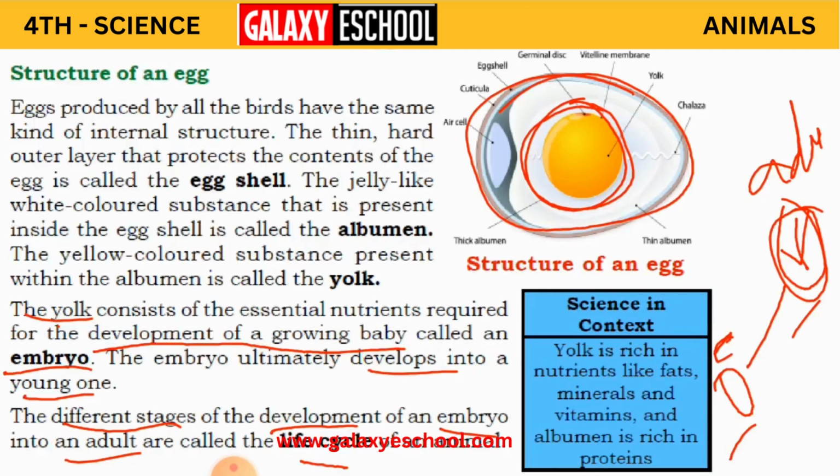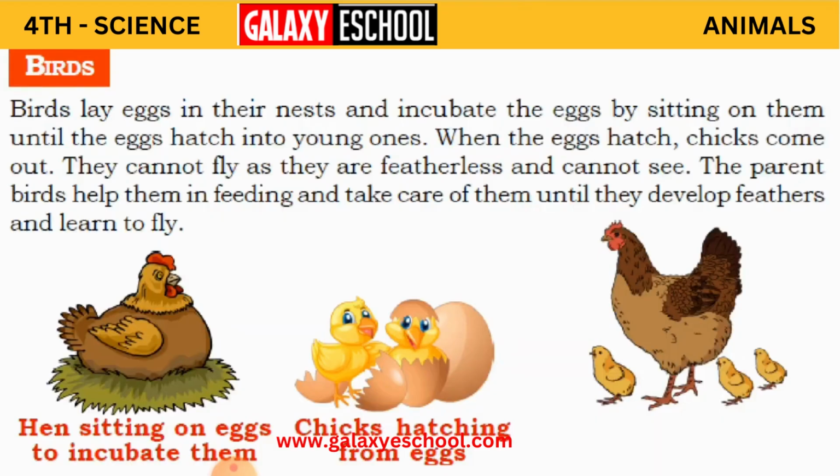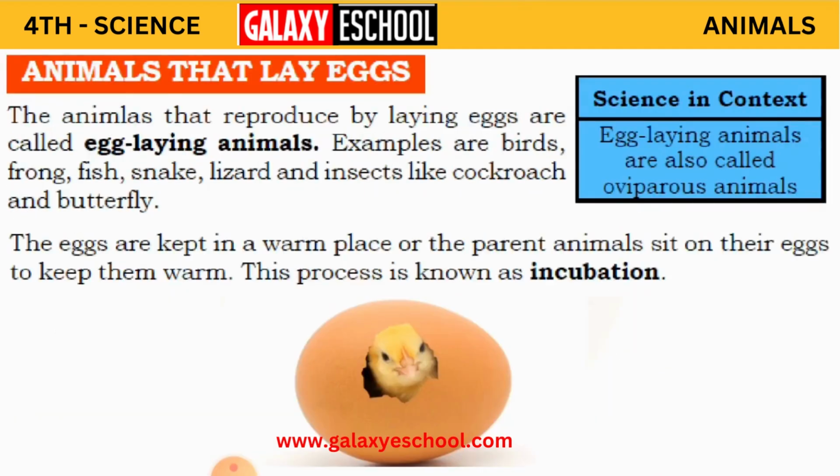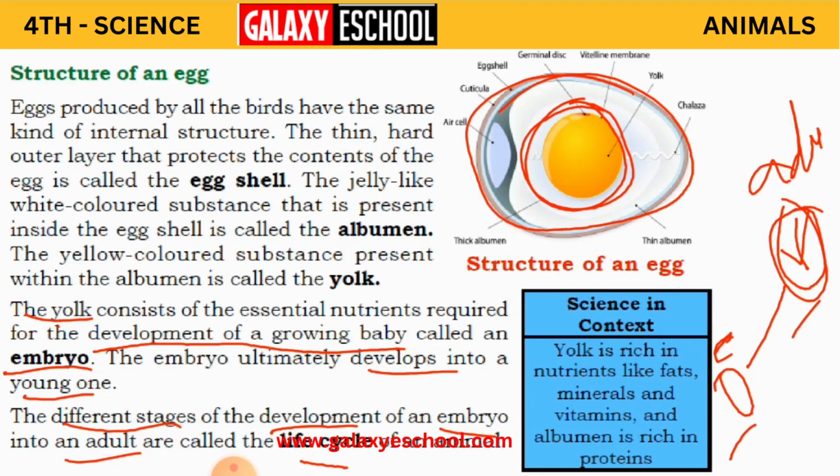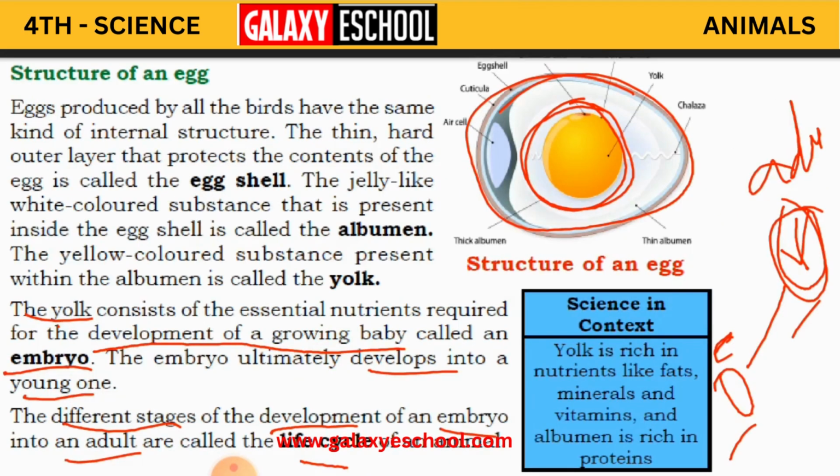Now if you see here, yolk is rich in nutrients like fats, minerals and vitamins, and albumin is rich in proteins. Children, here we said that yolk consists of essential nutrients. So what are those nutrients? Fats, minerals and vitamins.